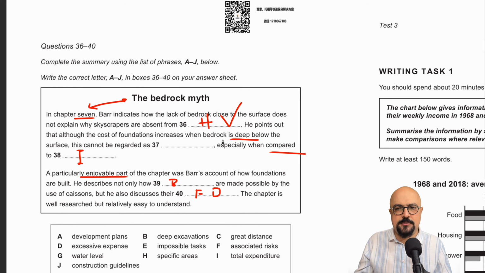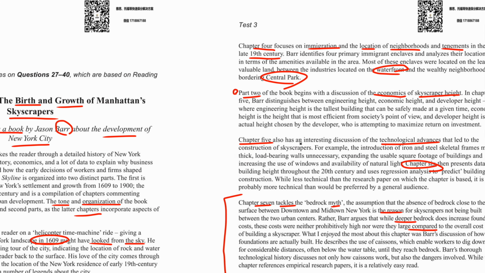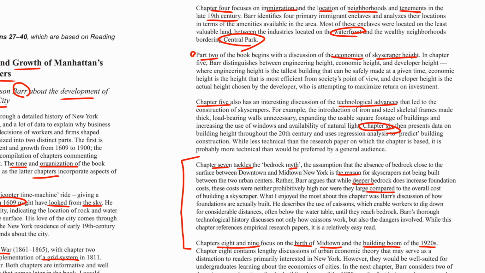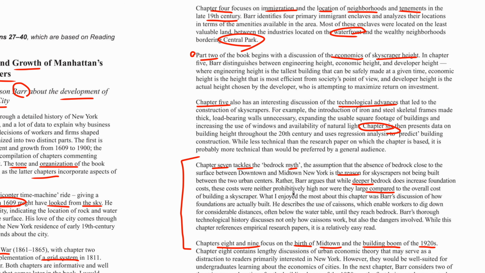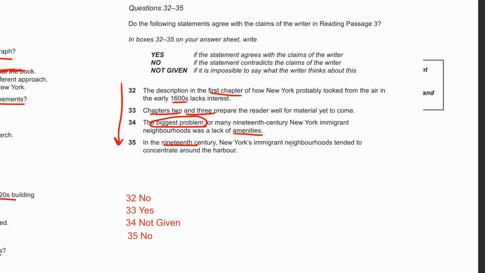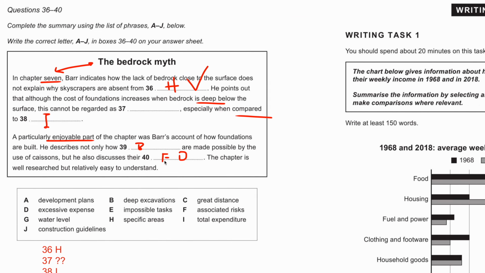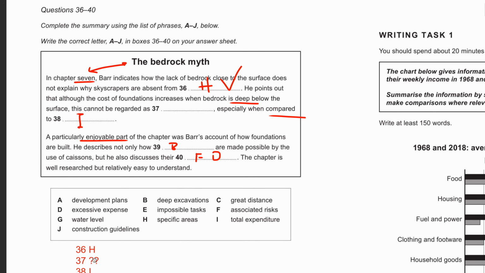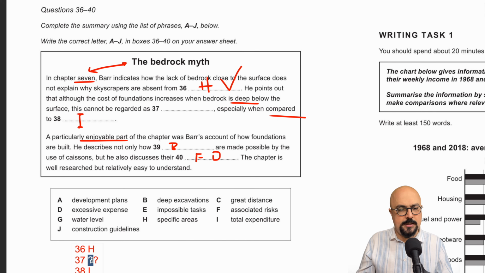Though they're expensive, compared to the other one, the total cost is nothing. Yeah. See, we're neither prohibitively high. The costs were not high. Okay, now I'm sure that answer 37 would be about money. So the only one about money is D.